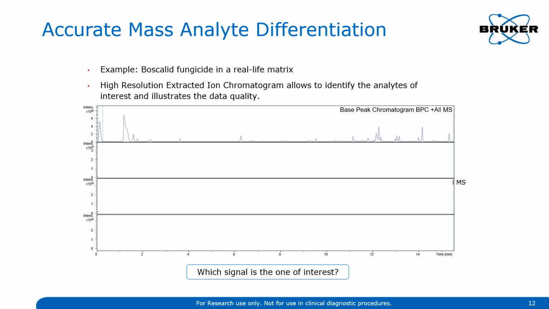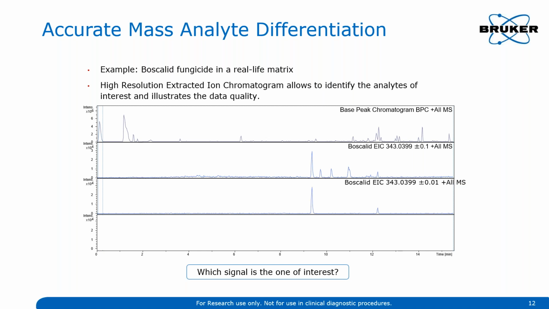With a resolution of 0.1 Dalton, it will look something like this. So this is what you get with a typical quadrupole mass spectrometer, and you still don't know which peak is your target. So let's increase the resolution to 10 millidaltons and extract another chromatogram for this fungicide. Now we get 2 peaks.